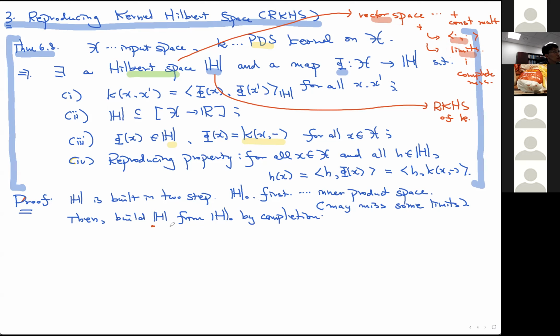So the way to construct H is essentially by adding all those missing limits. There's a systematic way of doing this called completion. Mathematically, you construct a space of Cauchy sequences and take a quotient. We then apply this systematic construction to H0, and that preserves all the nice properties of H0. So in the proof, we only focus on the construction of H0, because the completion is quite involved in math, but also quite canonical.